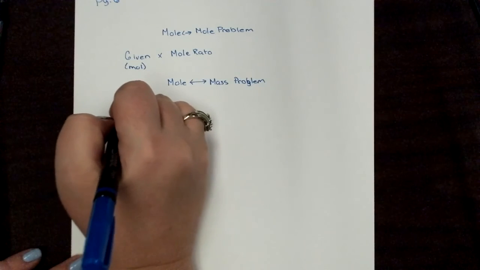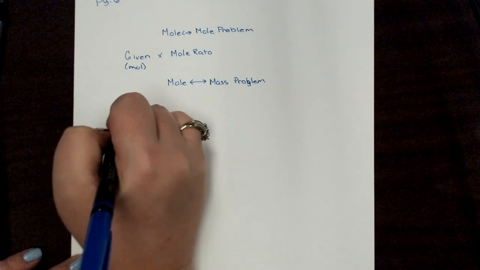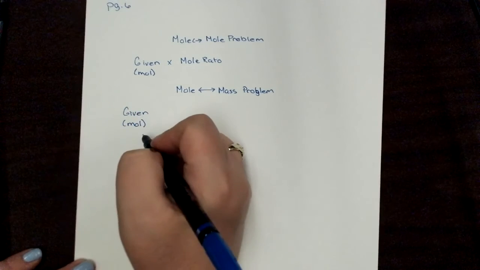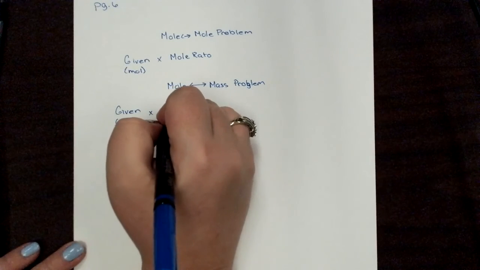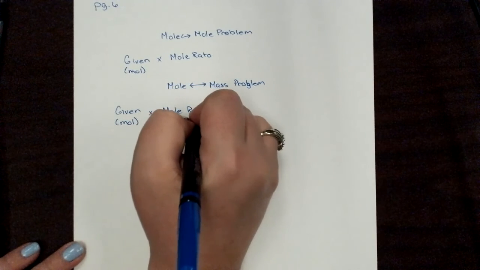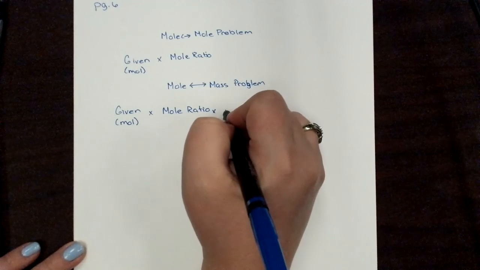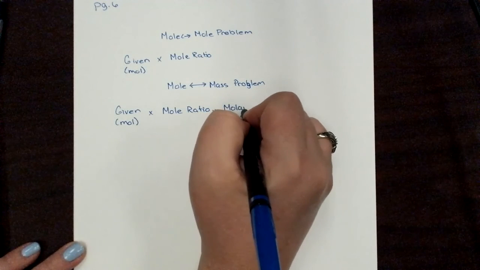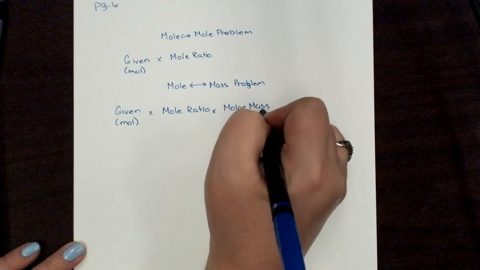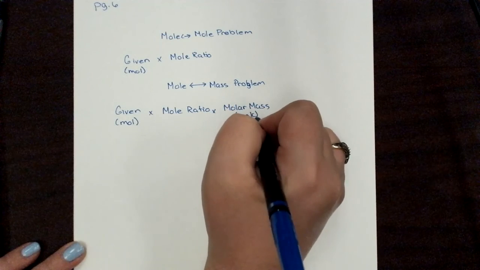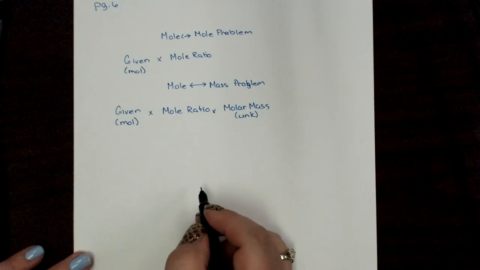if your given is in moles, you're going to use your mole ratio and then the molar mass of your unknown. Okay.